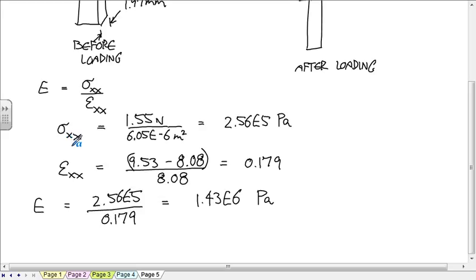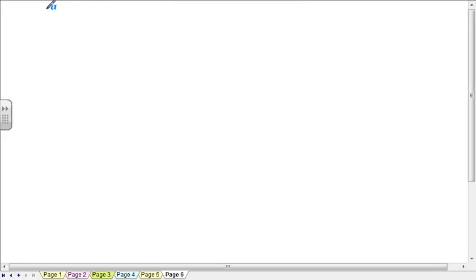We already calculated the strain in the loading axis, so now we just have to calculate the strain in an off axis. So we'll calculate the Y strain. So Poisson's ratio is negative EYY divided by EXX.